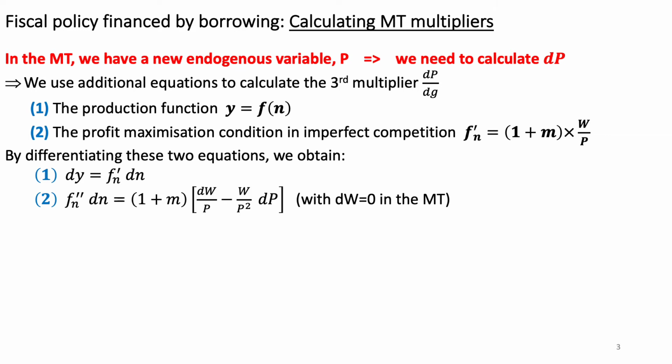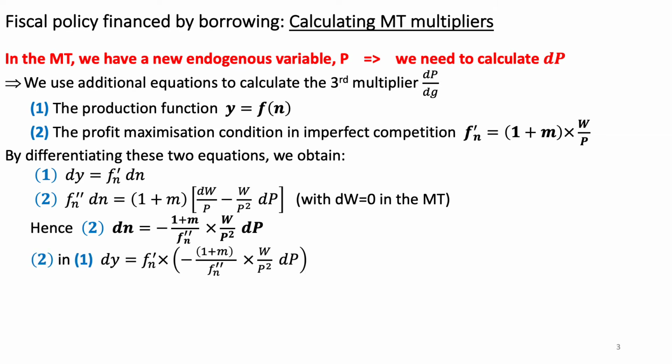So we can reformulate equation 2 to express dn as a function of dp. By reinjecting this dn in the first equation, we then obtain a formula that links dn and dp.